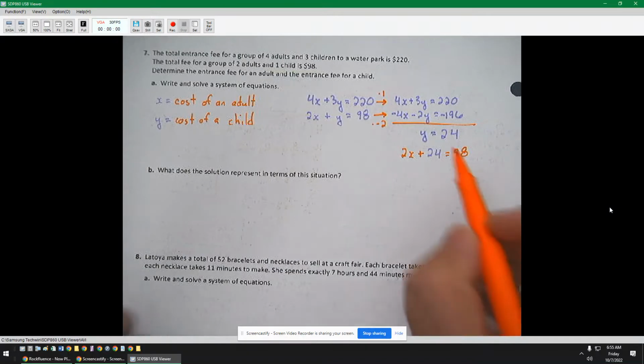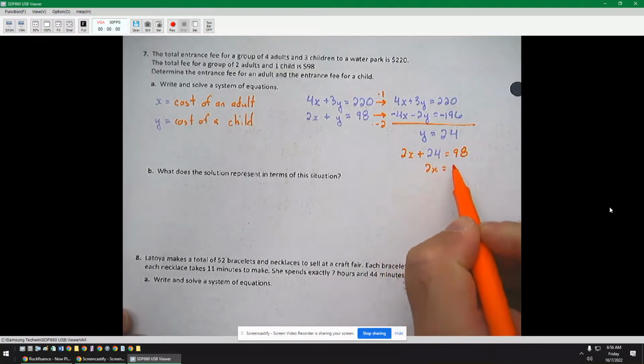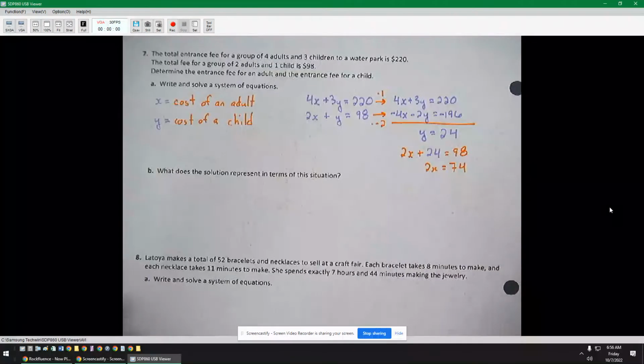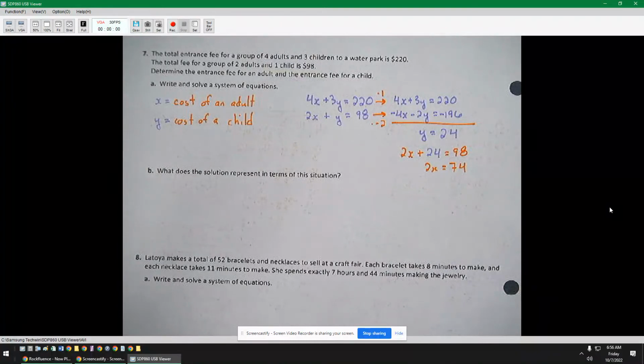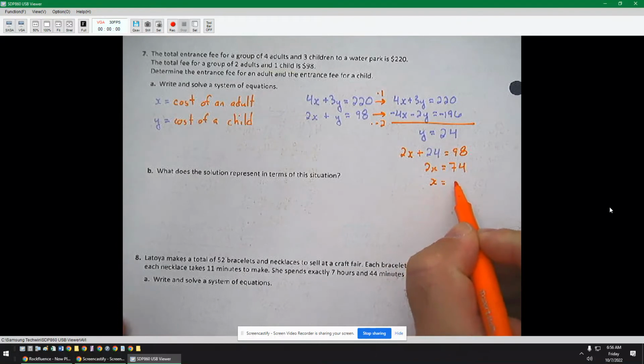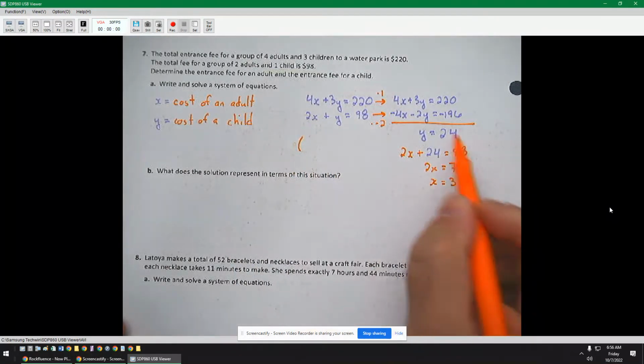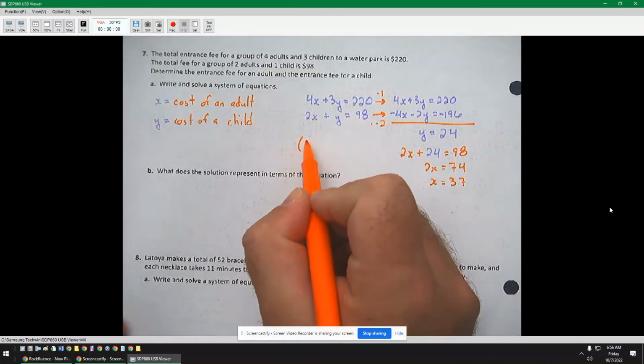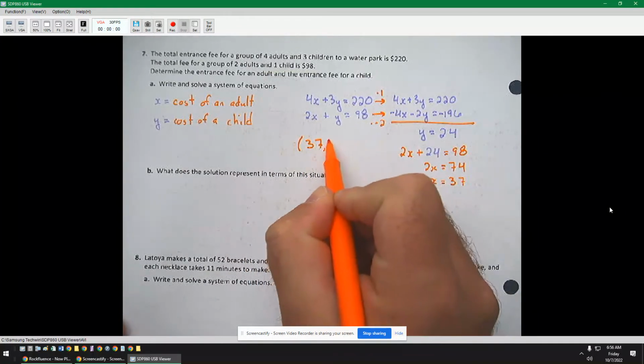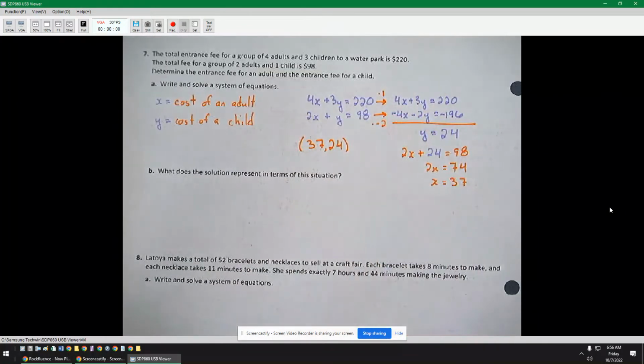I would get 2x equals 74. Who's keeping x from being by himself? 2. It's connected by multiplication, so I'm going to divide, and I get x equals 37. So my solution to the system, make sure that you write the x first, 37, and then 24.